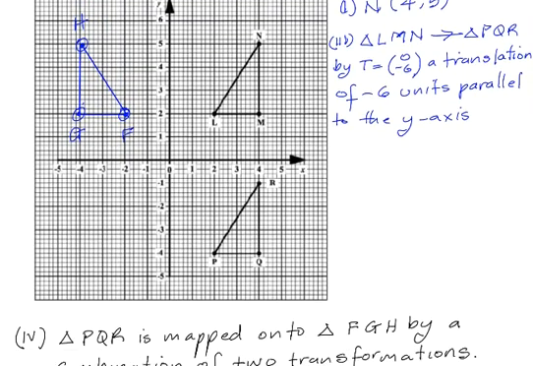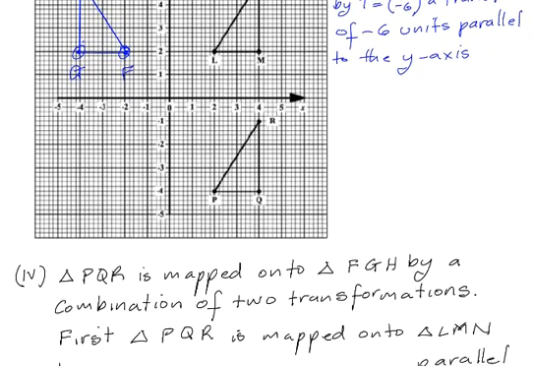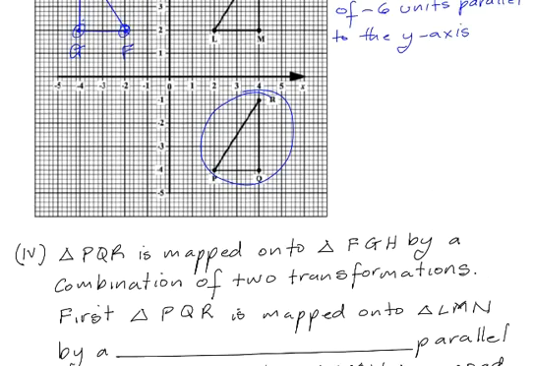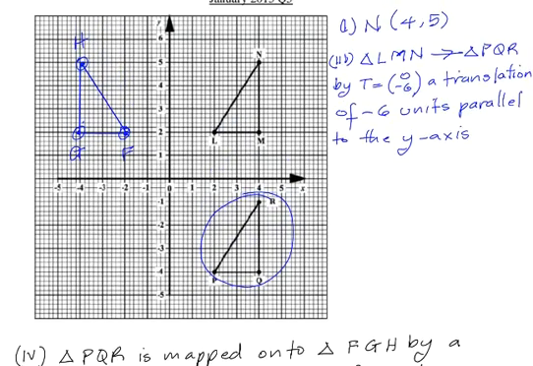And this says triangle PQR. So triangle PQR is this triangle here, is mapped onto triangle FGH. So FGH is the triangle over here.